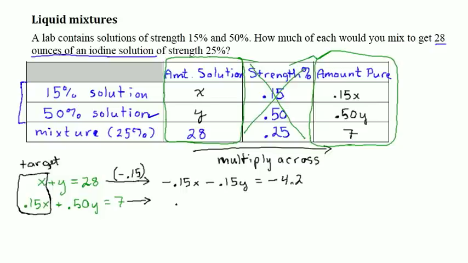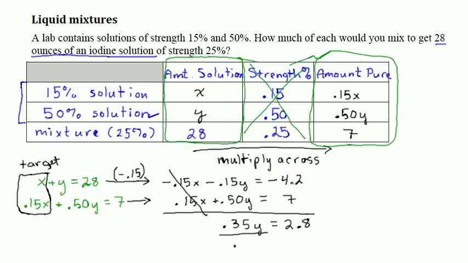Leaving the bottom equation exactly as it is, 0.15x plus 0.50y equals 7. When I add these together, the x's drop out as desired. I get 0.35y equals 2.8.